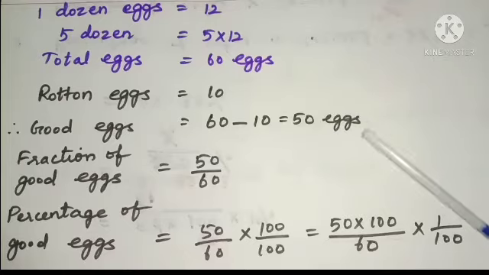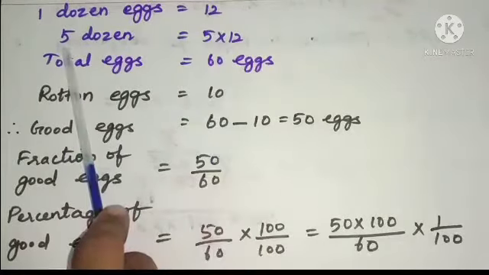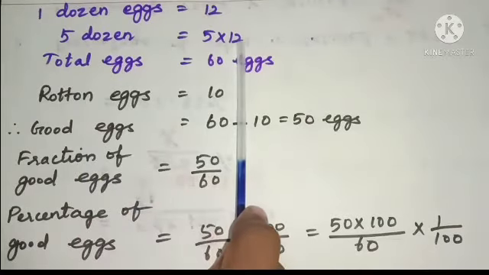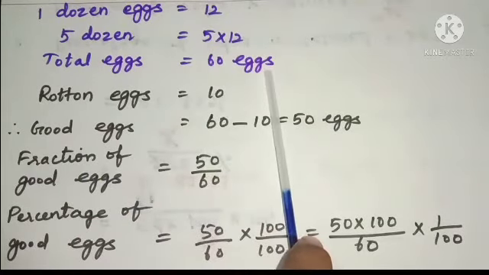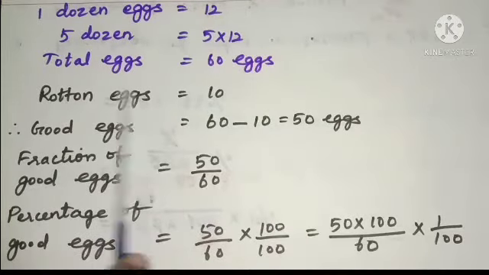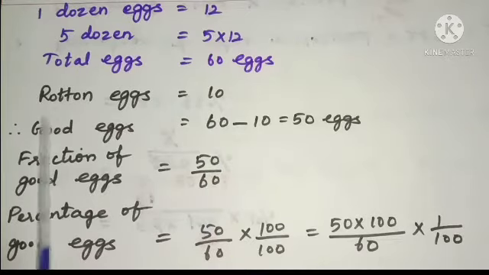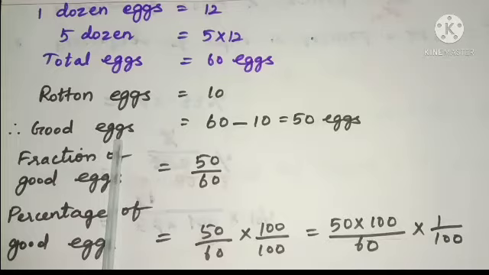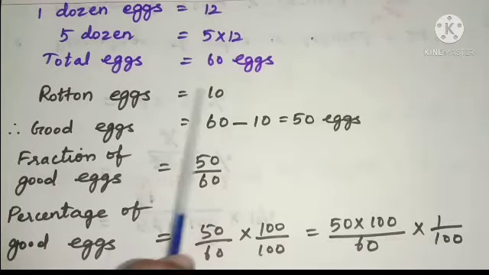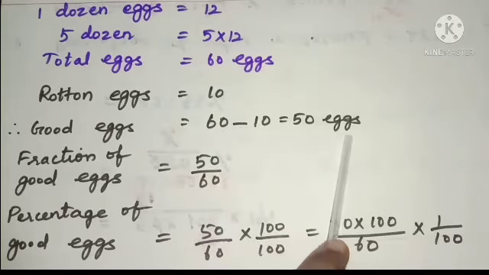So here, write down 1 dozen eggs is equal to 12. Then 5 dozen will be 5 into 12 is 60 eggs. Total eggs is 60 eggs. And rotten eggs, spoiled eggs are 10 eggs. And from this we can find the number of good eggs, isn't it? Subtracting rotten eggs from the total number of eggs, we get good eggs.